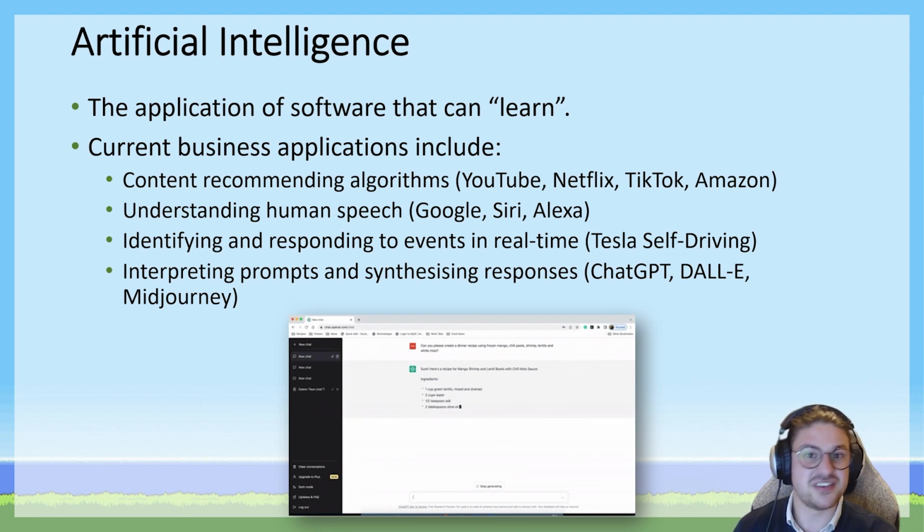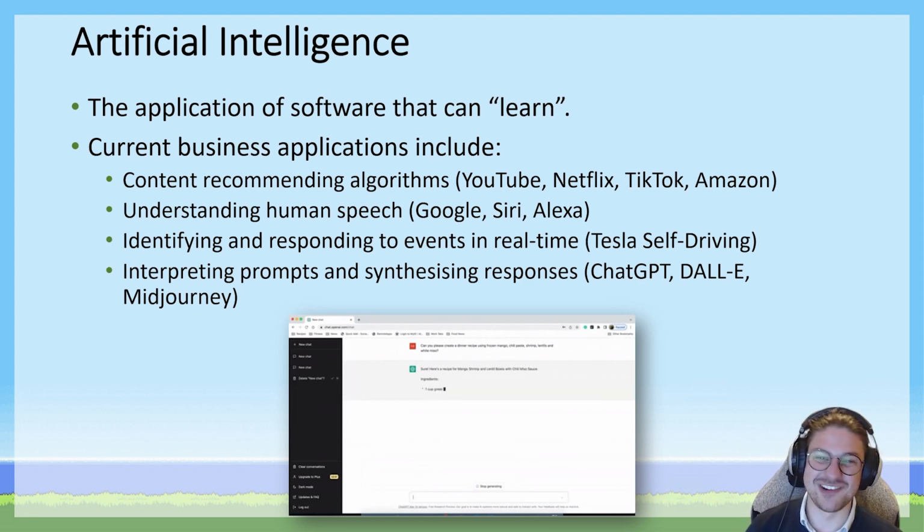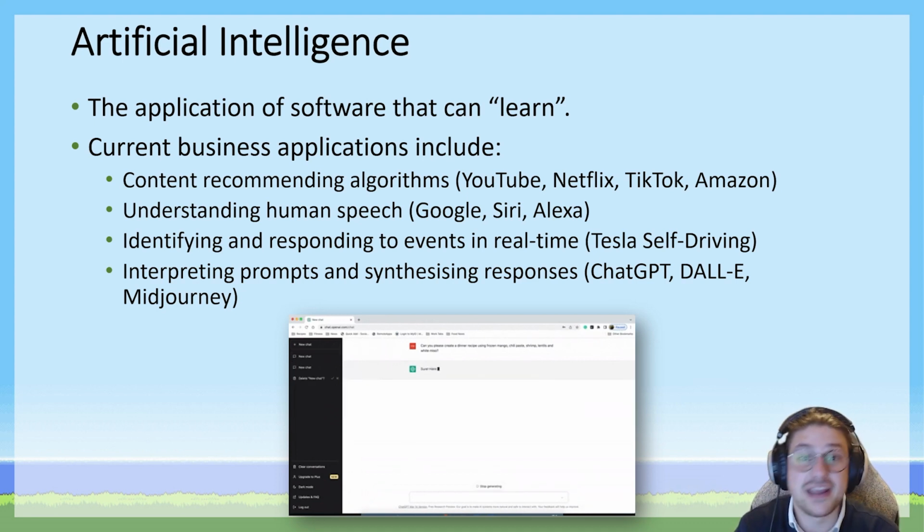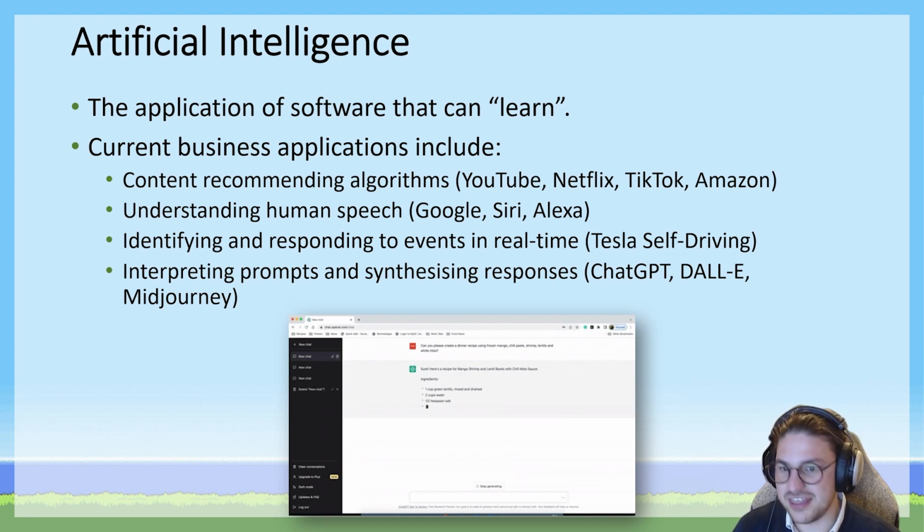Certainly, if you've ever used Siri or Alexa or said, okay, and the name of a popular search engine, I'm not going to say it right now, otherwise my phone's going to light up. The fact that your device can recognize your speech patterns and understand what you're saying is evidence of a very clever AI system there.